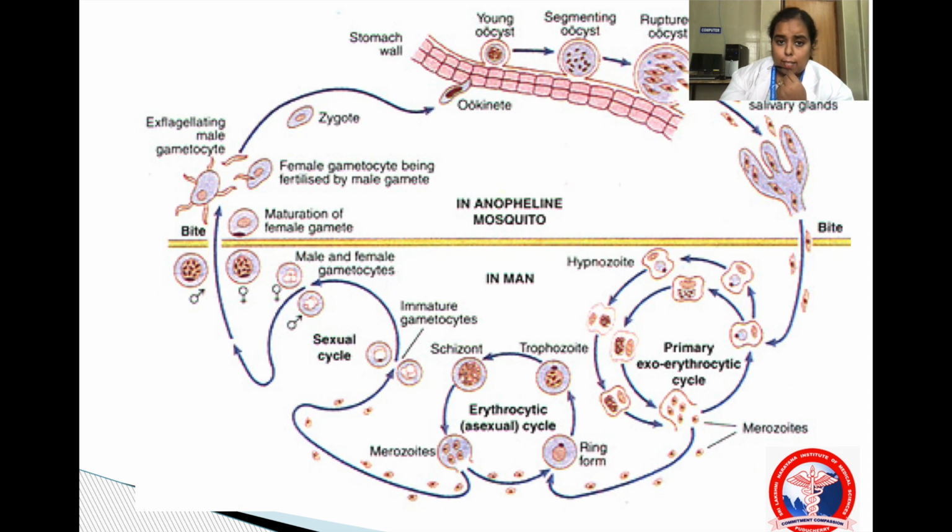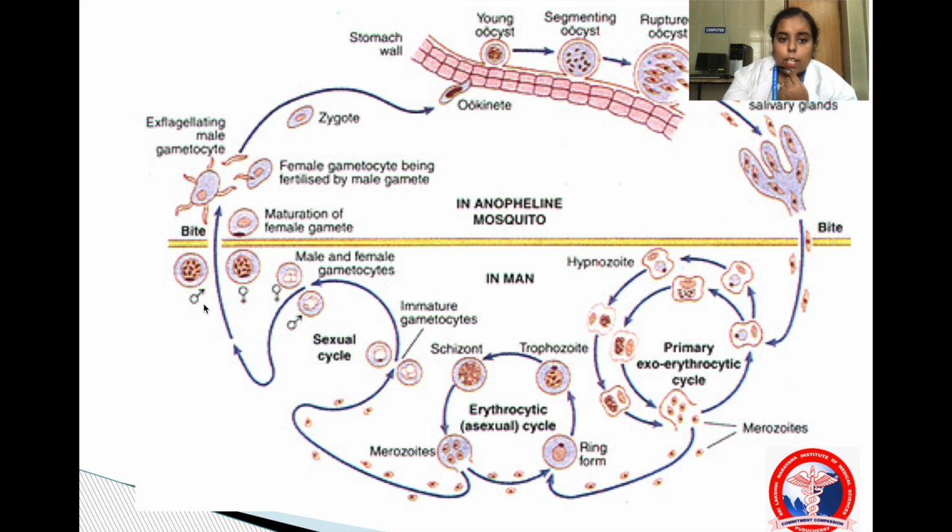So how does malaria spread? From the bite of the female Anopheles mosquito, there is release of sporozoites. There occurs the primary erythrocytic cycle, and they lead to the formation of merozoites. They later mature to form the ring forms, trophozoite, and schizont stage, which lead to merozoites entering the sexual cycle, where they form immature gametocytes.